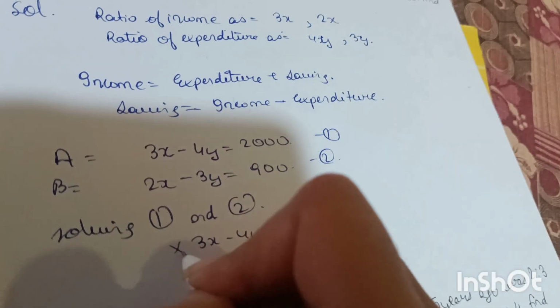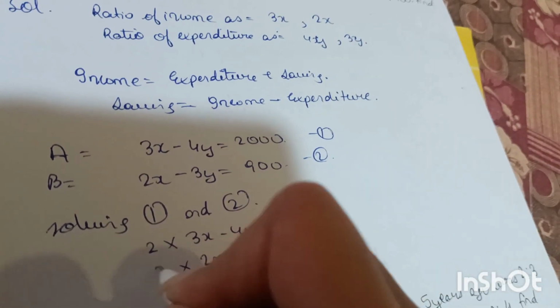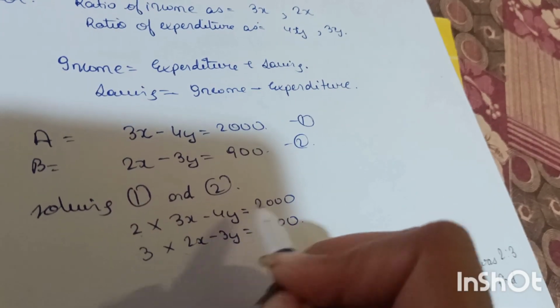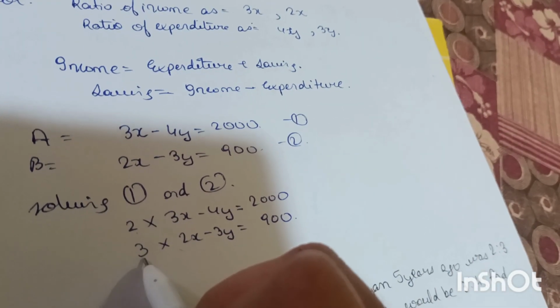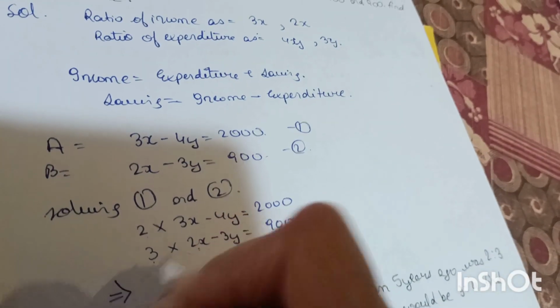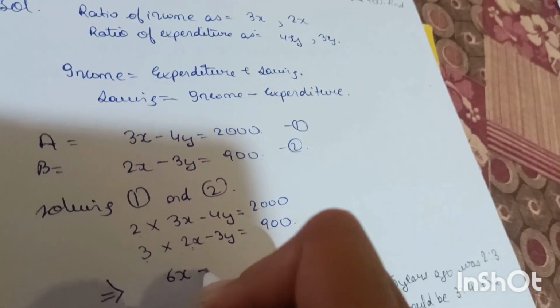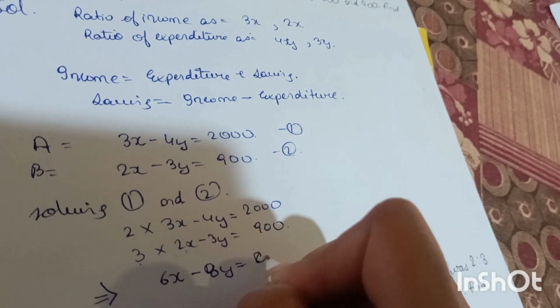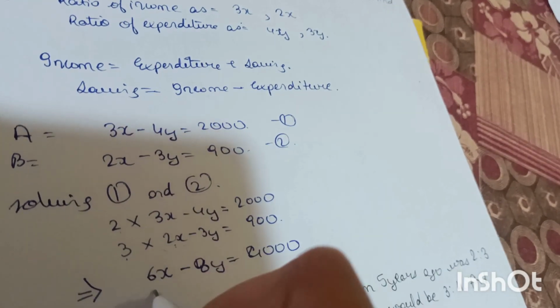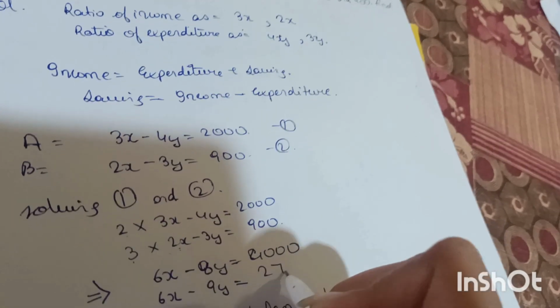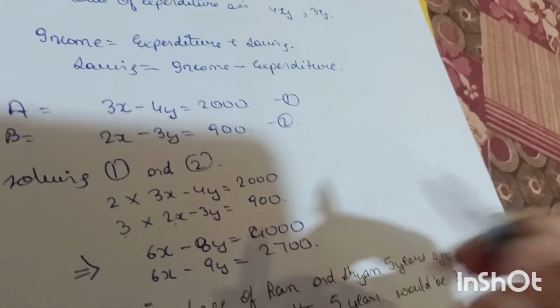So we have to multiply the first by 2 and the second by 3, but we have to multiply the whole equation, not alone the 3 or the 2. So it will become 6x minus 8y equals 4000, and for this it will become 6x minus 9y equals 2700.